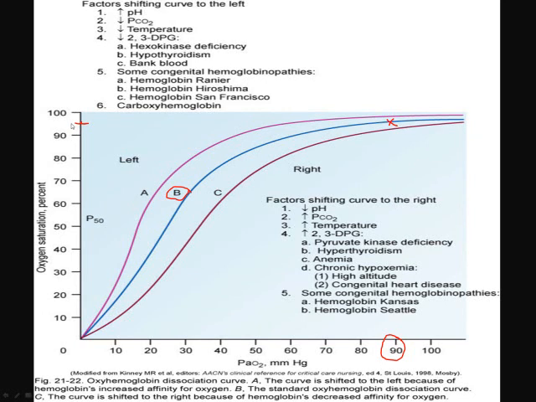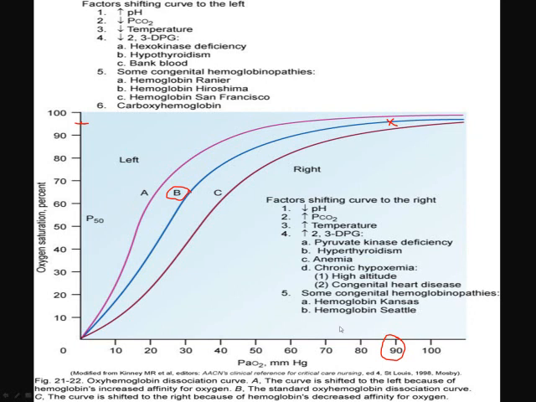So we have about a 95% oxygen saturation, between 90 and 100 over on the left side there, from a PO2 of 90. So that's what our oxyhemoglobin dissociation curve is telling us: there's a relationship between the PO2 and the oxygen saturation. When everything's normal, then our PO2 of 90 is going to give us an oxygen saturation of 95%.